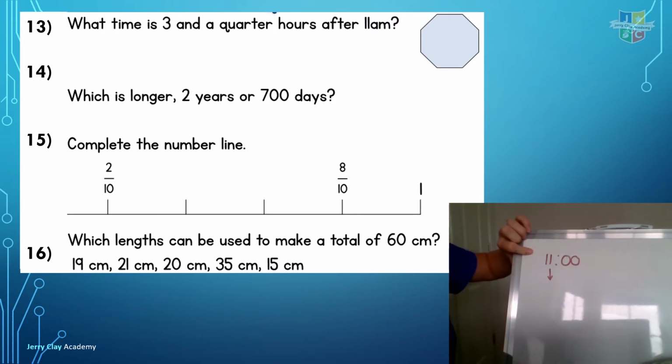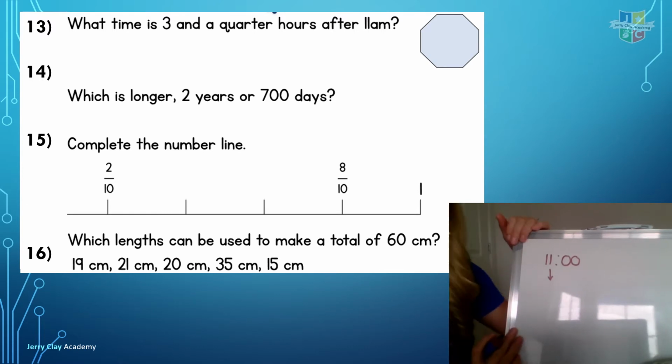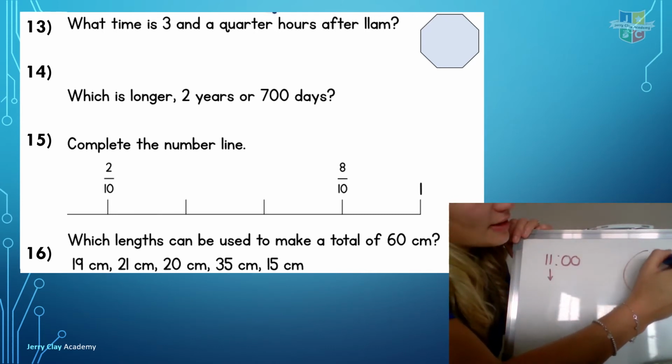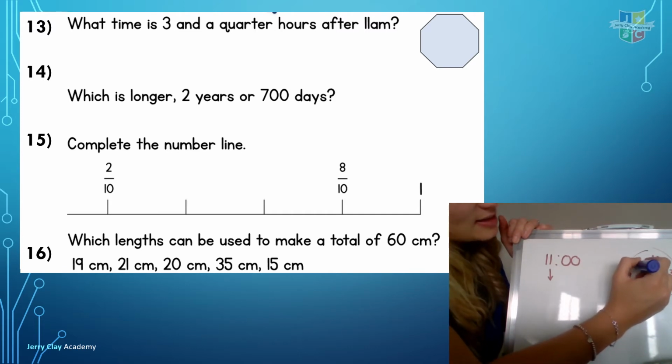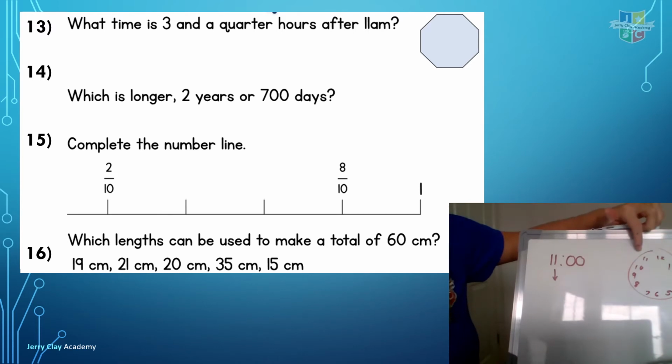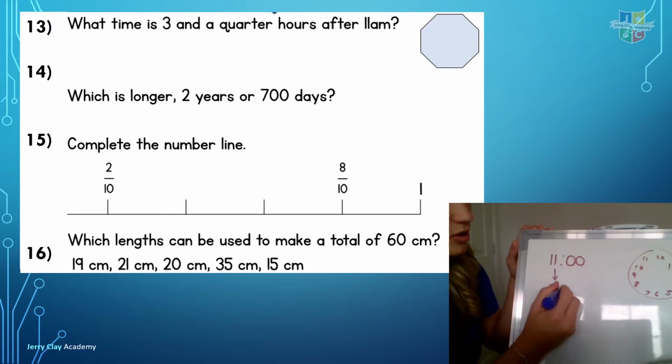So 11, I could keep it in 24 hours, 12, yeah, we could keep it as going after. So 11, 12, obviously we're on a clock. If I just quickly write this, 2, 3, 4, 5, 6, 7, 8, 9, 10, 11. So if it goes from 11, it's going to go 12, 1, 2.